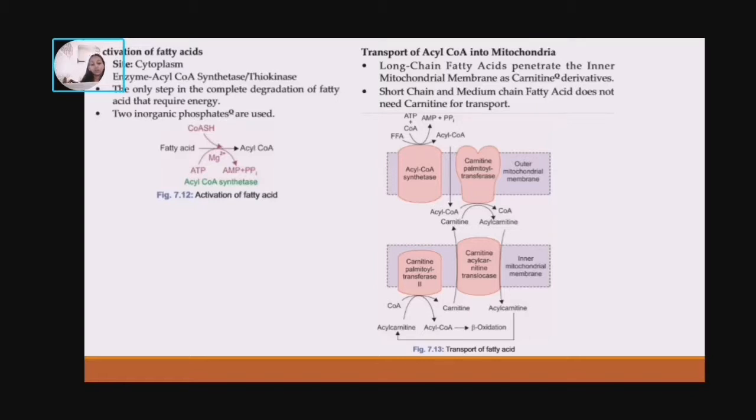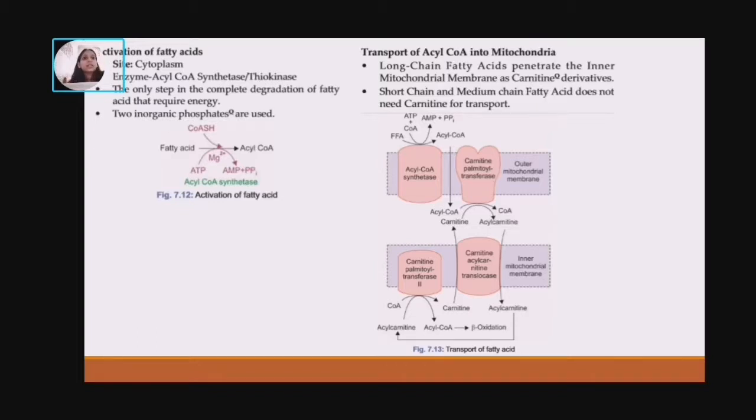But what happens with the transport of acyl coenzyme A into mitochondria? Long chain fatty acids cannot enter the mitochondrial membrane directly. So they need shuttles which will help in the transport. These are known as carnitine. So carnitine are carriers which carry fatty acids into mitochondria.